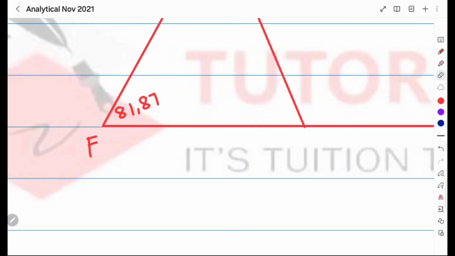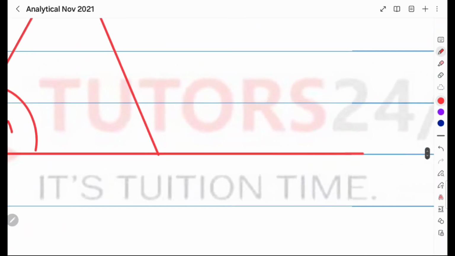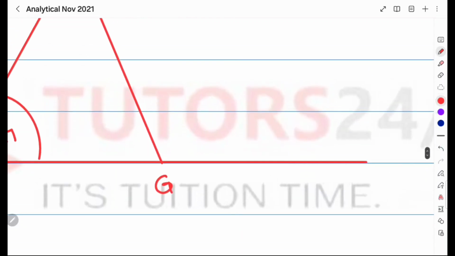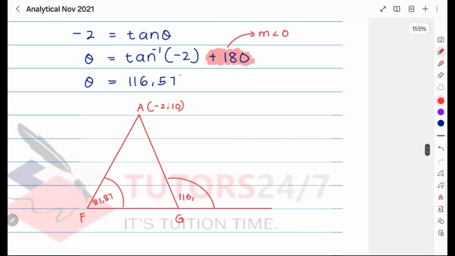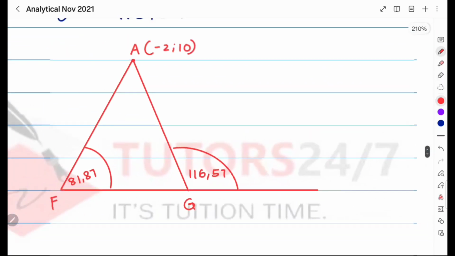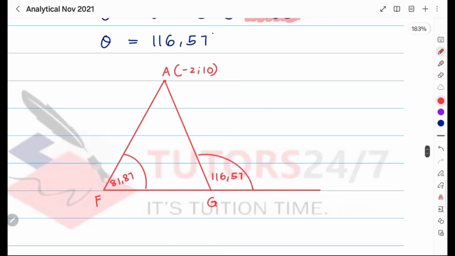Let's just extend this arc a bit. That should be fine. Then we just determined the angle of inclination of the line AG as equal to 116.57. So we have the angle of inclination of AF as well as the angle of inclination of AG.